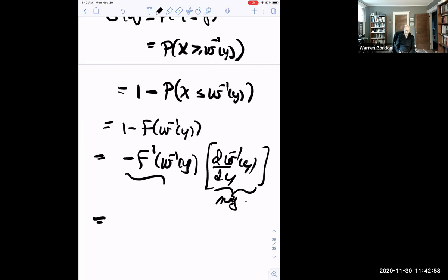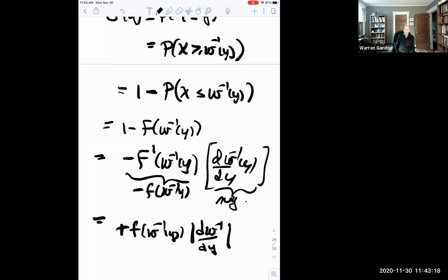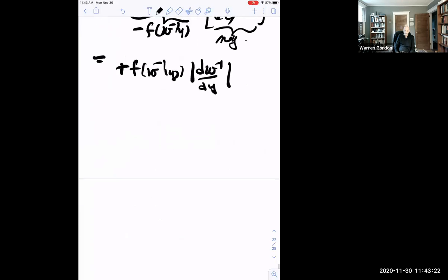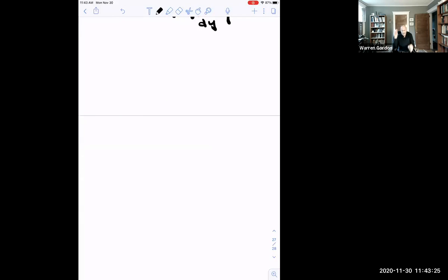This, of course, is just minus f of the inverse function. This gives me, take the minus sign from here and put it here. That gives me a plus f of w inverse of y. And it makes this positive, which gives me the same result as before. Okay, that proves the theorem. So it's really a simple matter.